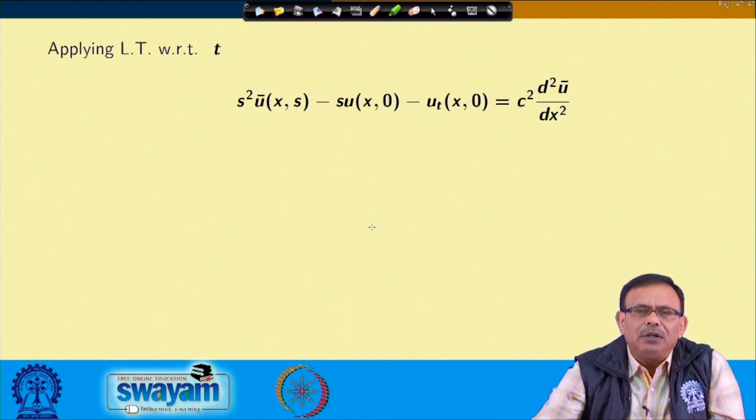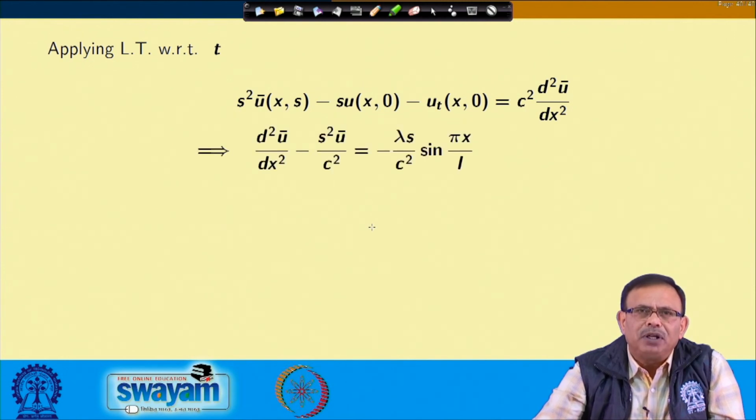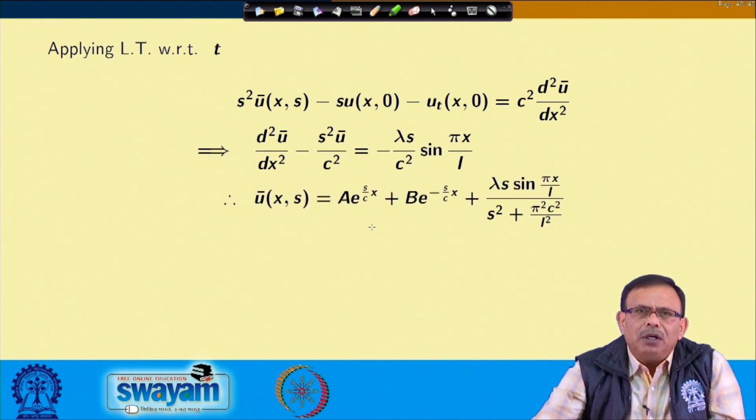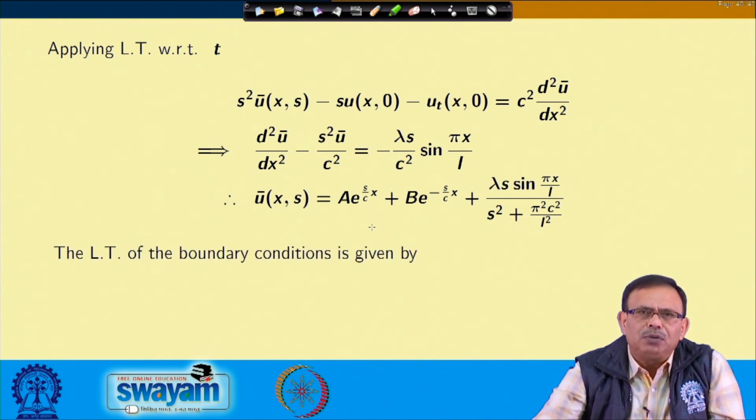Therefore, taking the Laplace transform on the given equation like earlier problems, I get the second order ODE d square u bar dx square minus s square by c square u bar equals minus lambda s by c square sin pi x by L. Its solution is of this form: the first two terms are the complementary function and the last term is the particular integral. Now, I have to find the values of these two constants.